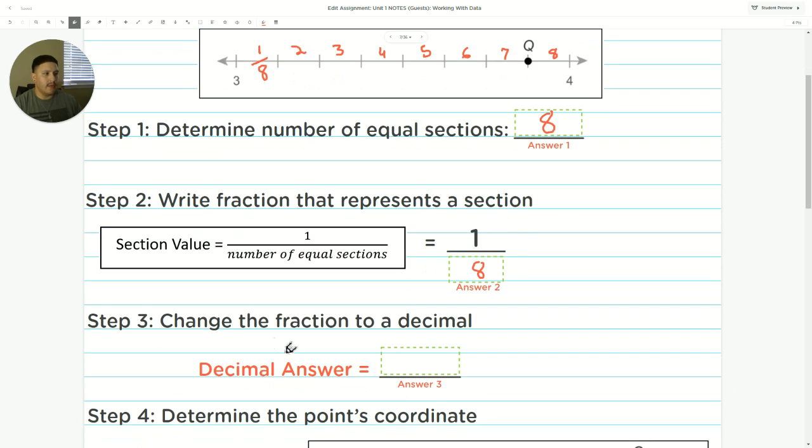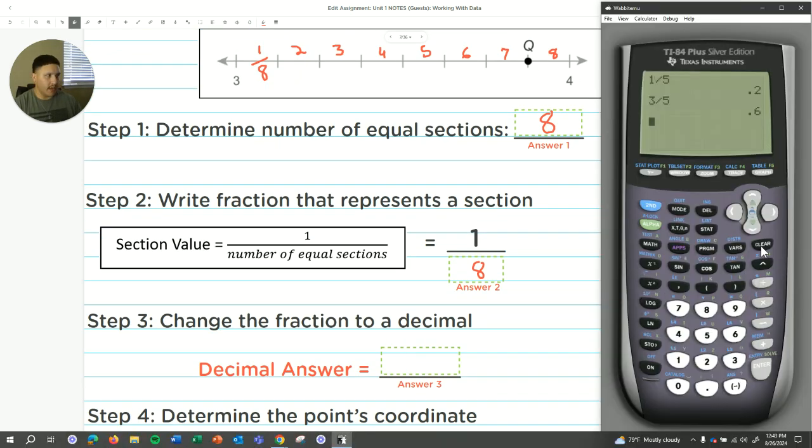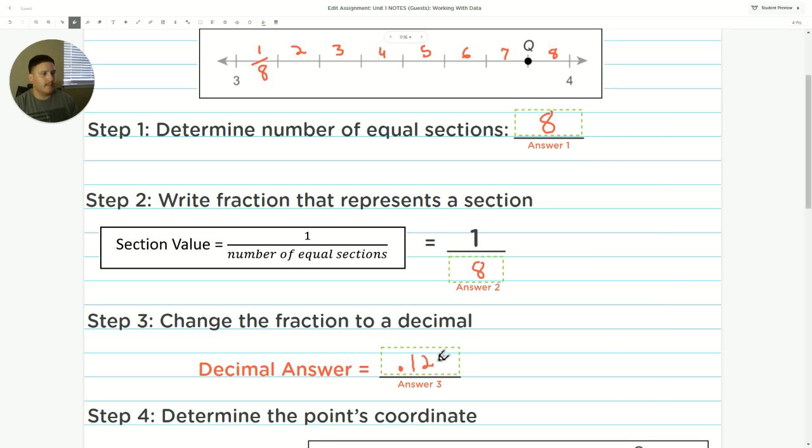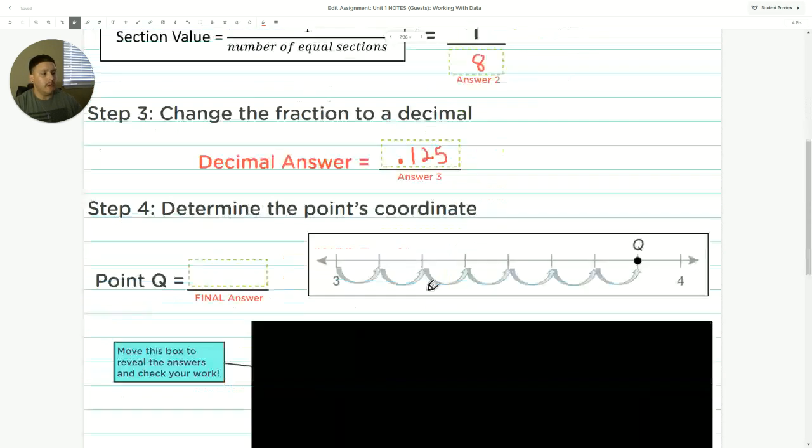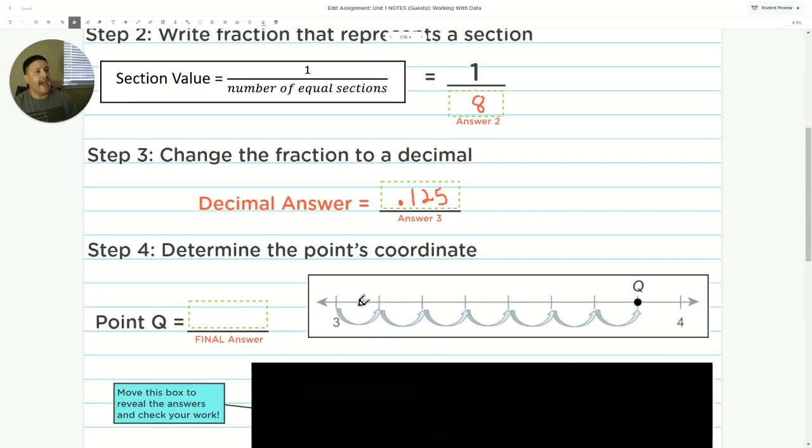All right, now to type the decimal answer to that, let's plug this into our calculator. 1 divided by 8, 0.125. So I'm going to have to add 0.125, 1, 2, 3, 4, 5, 6, 7 times to get to Q.